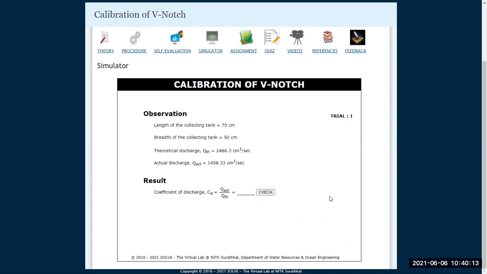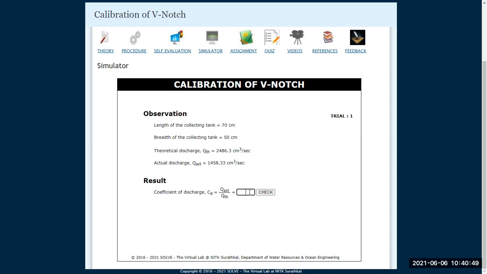So once you get the actual and the theoretical discharge, you have to calculate the coefficient of discharge. So it is actual divided by theoretical, 1458.33 divided by 2486.3.